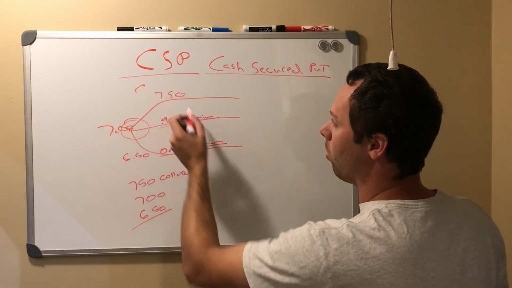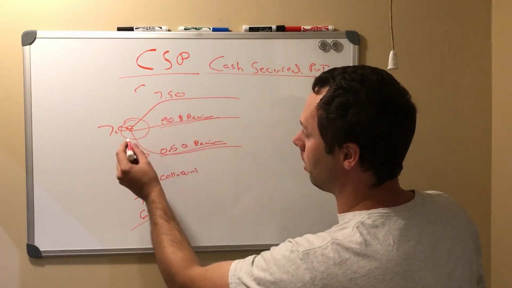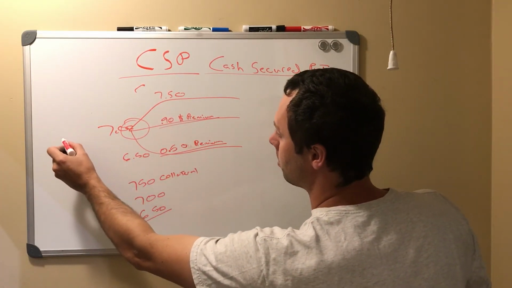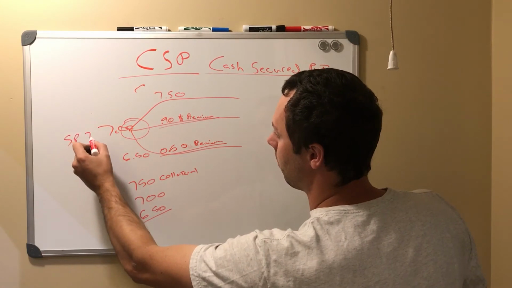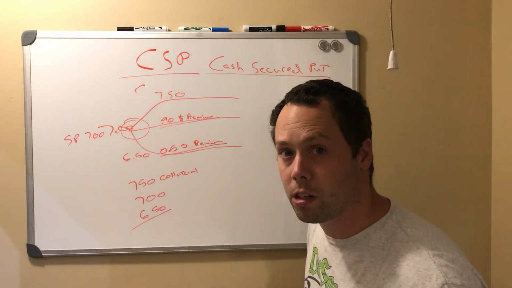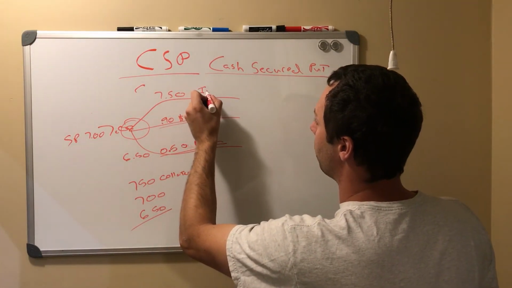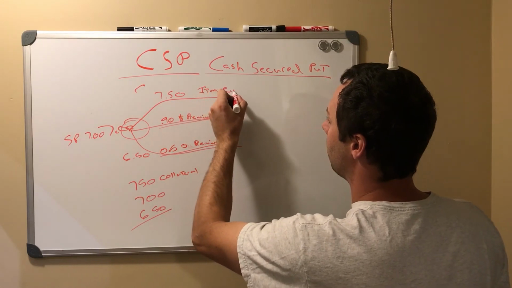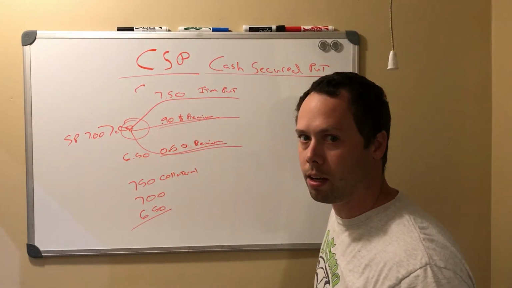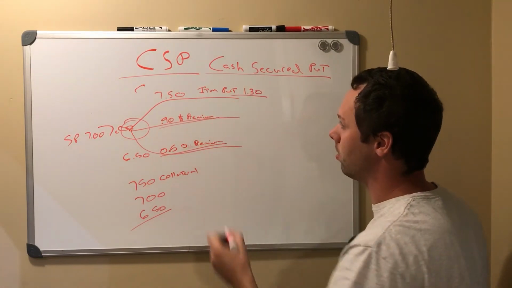Maybe if I sell an in-the-money put, which means the strike is above the current price of 7. If I have $750 of collateral available, I could sell this in-the-money put and get $1.30.